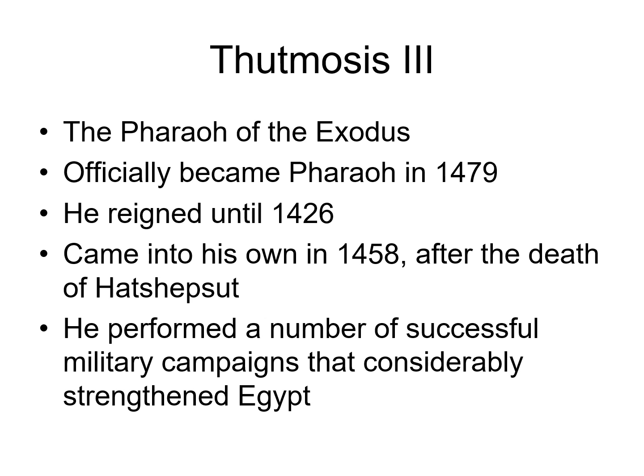So Thutmose III, his reign lasted until 1426, and he came into his own in 1458 after the death of Queen Hatshepsut. So he performed a number of successful military campaigns that considerably strengthened Egypt.